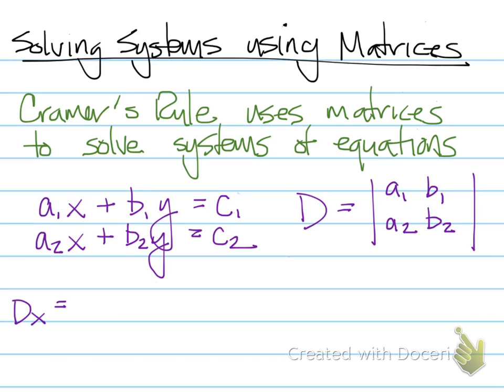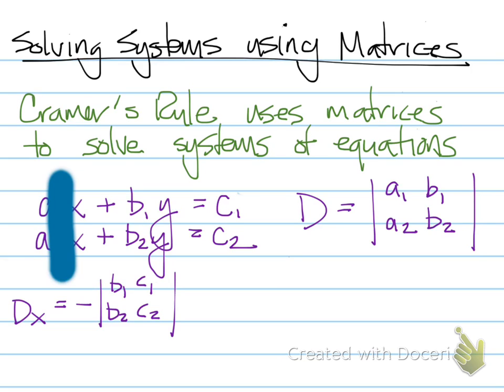Next, we want to find the determinant for the x. The x determinant, again, is following a similar process. We want to cross out the column that has the x's, and then we want to find the determinant of the remaining coefficients and constants.